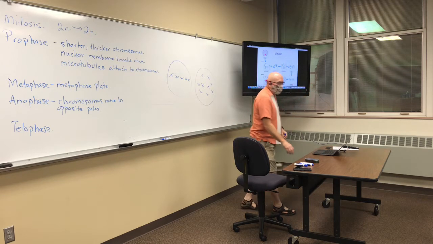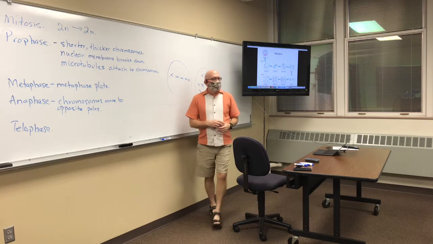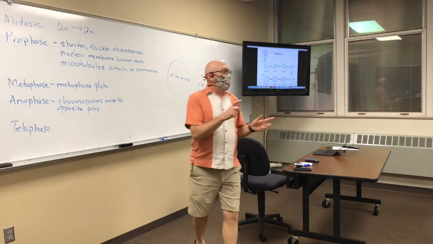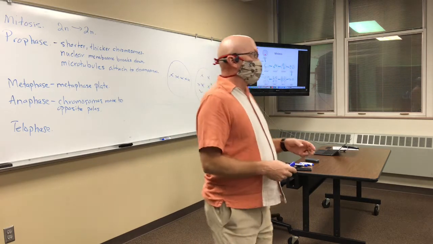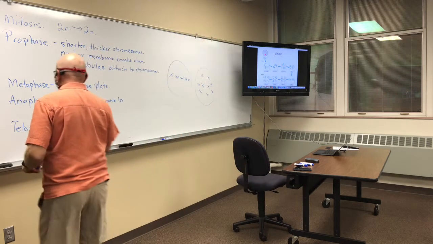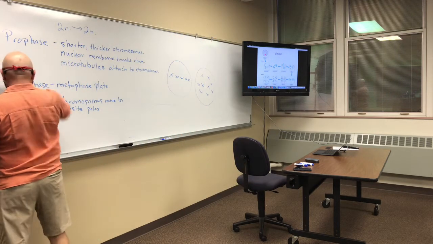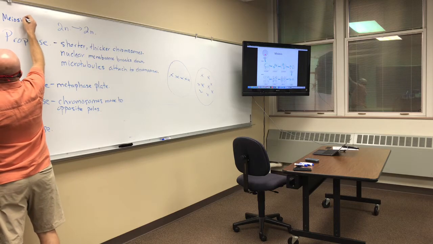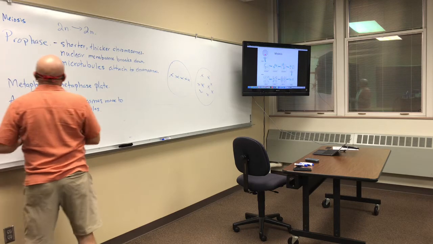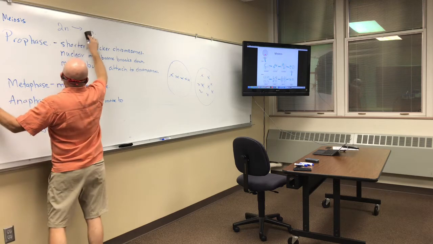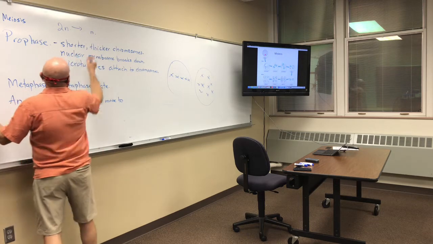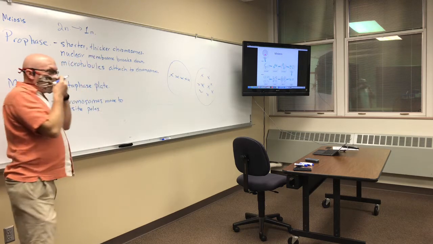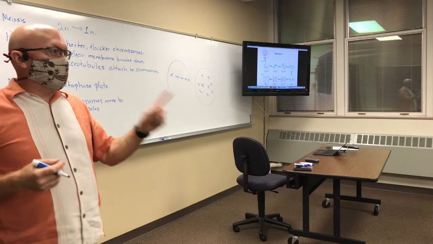All right, questions? All right, meiosis is somewhat different. It differs from mitosis in a couple of ways. It starts with a diploid cell and ends with a haploid cell, a cell that only has one set of chromosomes.